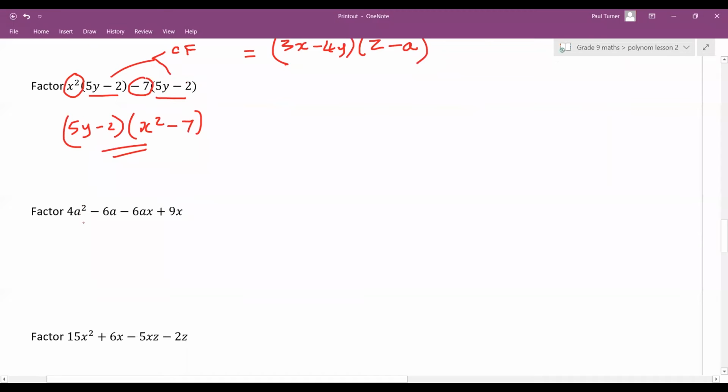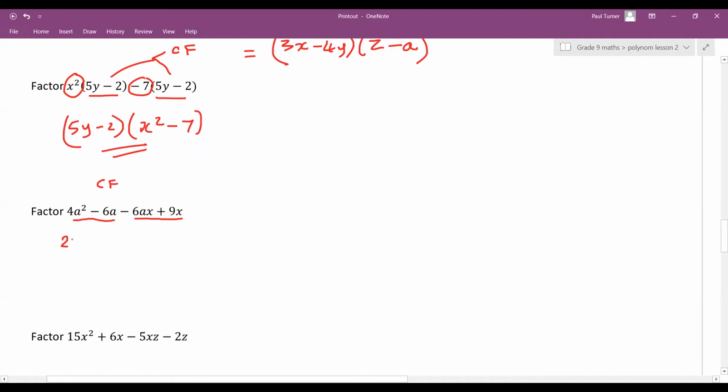Now for this question, take a look. 4a squared minus 6a. So underline the first 2 terms. Underline the next 2 terms. And then we look for common factors. So you see here, you've got a 4 and a 6. So 2 would be common because 2 divides into 4 and 6.